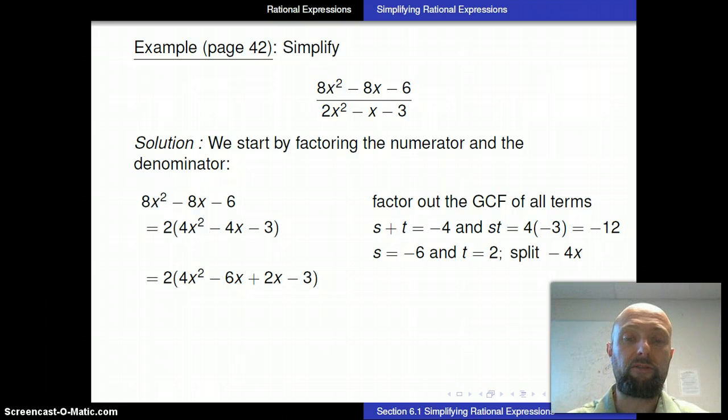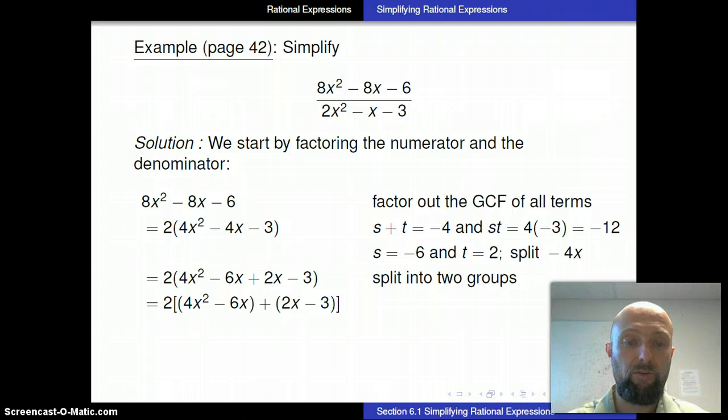Now we continue factoring by grouping, so we split into two groups: 4x squared minus 6x and 2x minus 3. Next, we factor the greatest common factor out of each group. For the first group, we have 4x squared and 6x. The greatest common factor is 2x, so we factor out 2x and are left with 2x minus 3.